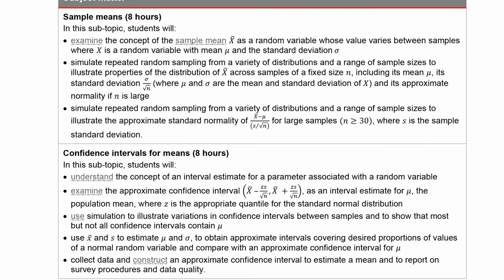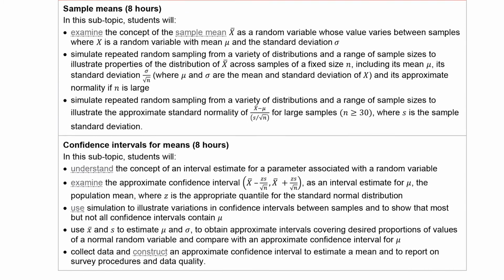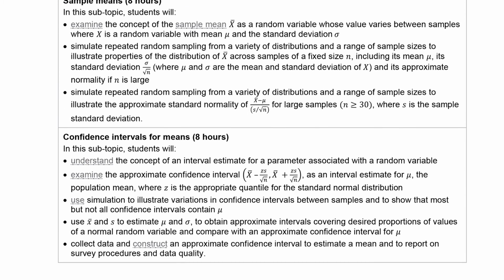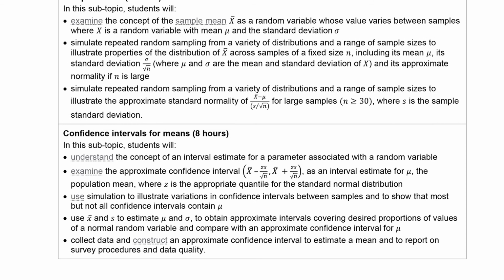It talks about simulations there. Again, notice as we move down to the lower section, it talks about confidence intervals, further simulations, estimating using x bar and s to estimate mu and sigma, etc. And again, if I could just quickly show you how the textbook approaches that.